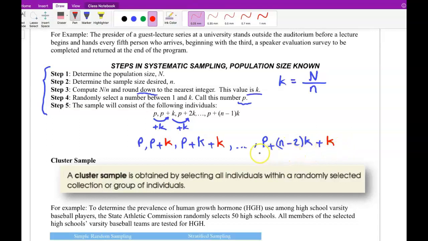Adding all these, we have p plus n minus 1 times k.